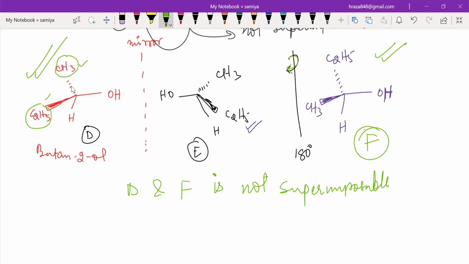Since now the groups are different, C2H5 will take the place of CH3 and CH3 will take the place of C2H5. Now you can see this will not be superimposable with this. That means they are enantiomers. Is that clear?